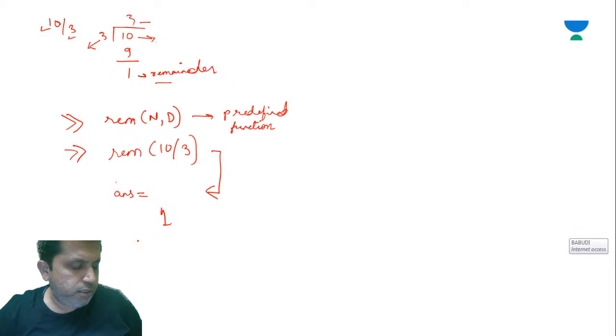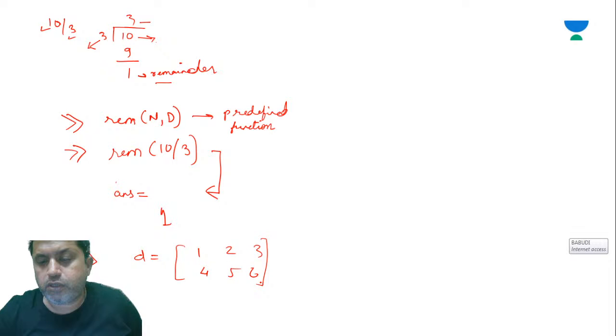Suppose I have got D matrix as 1 2 3 4 5 6. I want the size of this matrix. What is the size? 3 columns, 2 rows. So row means 2, column means 3. So it is a 2 by 3 matrix.